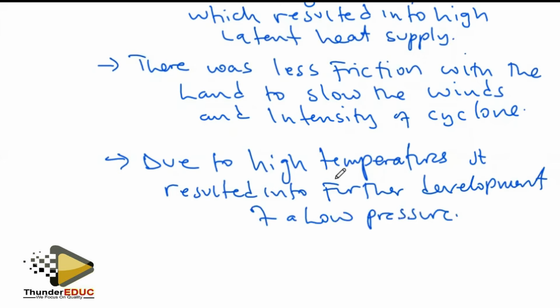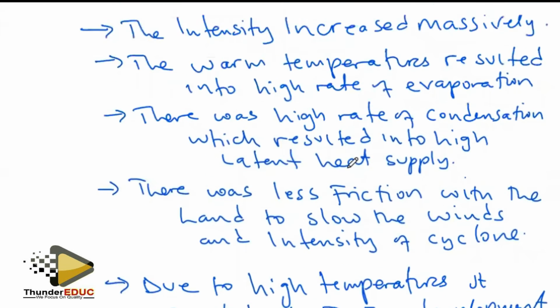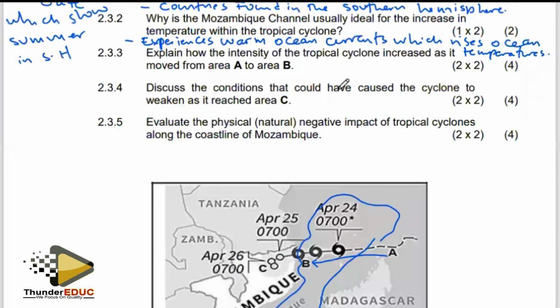So that's how the intensity of the cyclone increased as it moved from area A to area B.